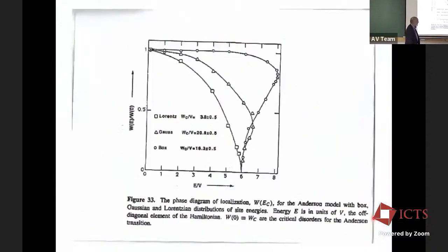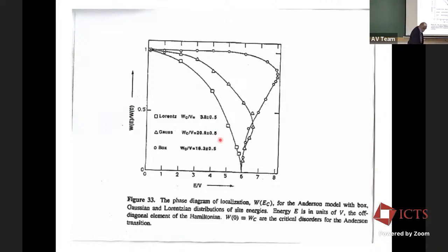Okay. And here I show the phase diagram as computed by McKinnon and Kramer for different kinds of disorder. The box distribution is the one that was considered by Anderson. They also considered Gaussian and Lorentzian distributions.